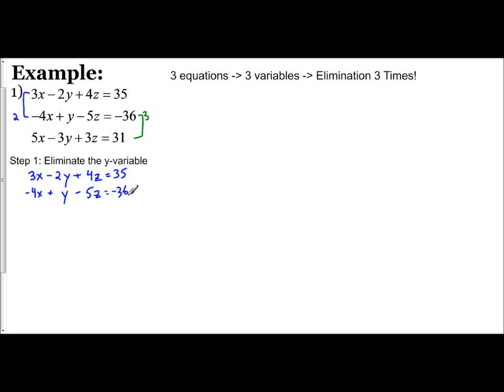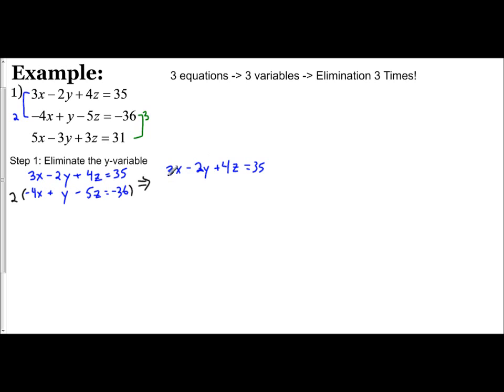We are going to multiply that by 2, and that's going to create my opposite of negative 2 and positive 2. So let's keep the top equation the same, 3x minus 2y. And notice when I'm writing this, I'm keeping them in columns separated and organized, so I have my variables like terms, like variables above each other.